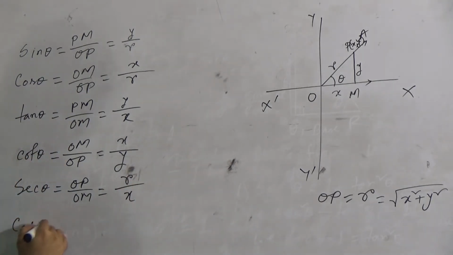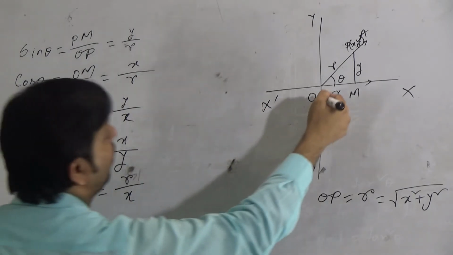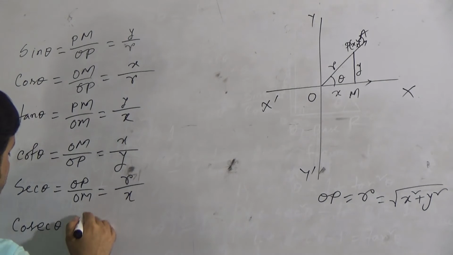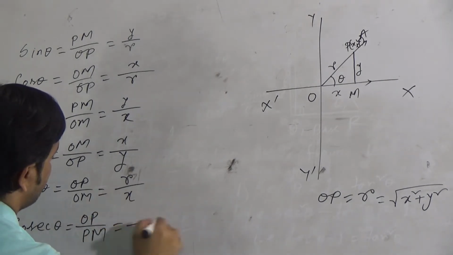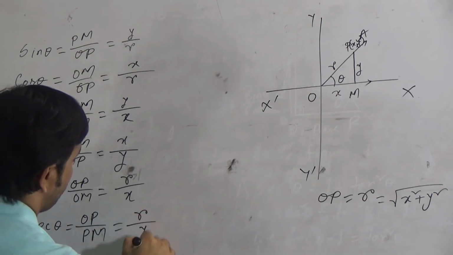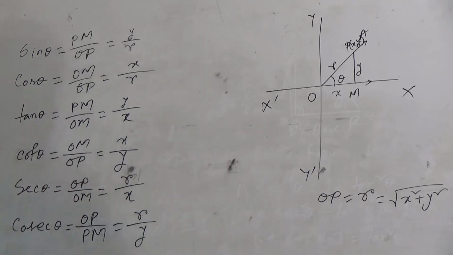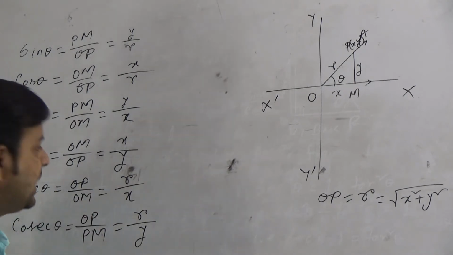Cosec theta is equal to OP by PM, that is equal to r by y. So these are the trigonometric ratios for any angle theta.